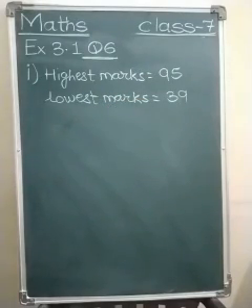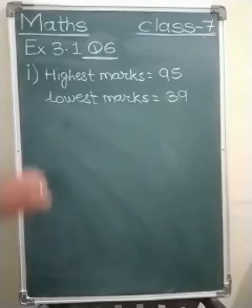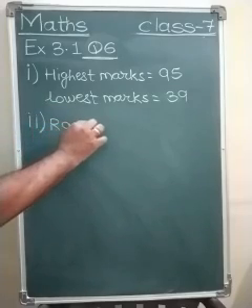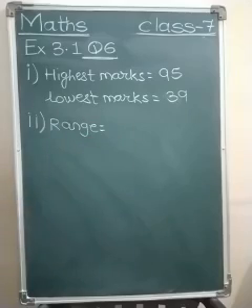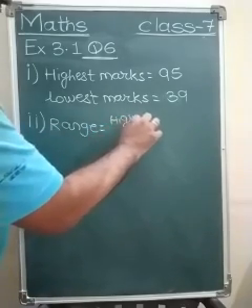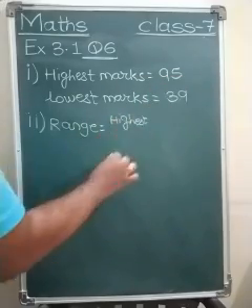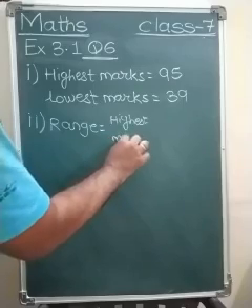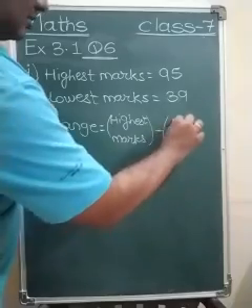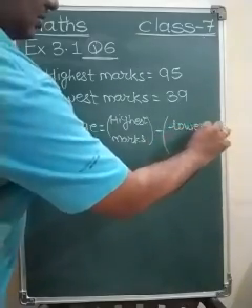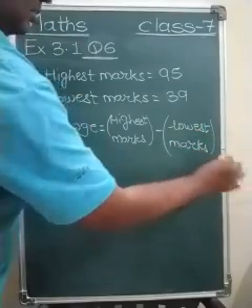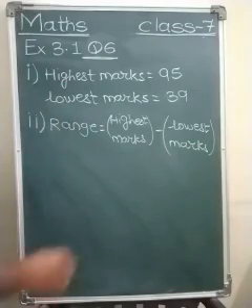Now the second question is find the range of the marks obtained. Range equals, again write down the formula for range: highest observation, here the observation is marks, highest marks minus lowest marks.